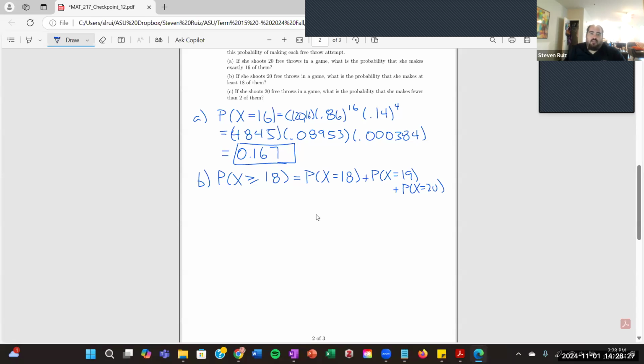So let's go ahead and do that. What's the probability that X is equal to 18? We can set it up the same way. That is the combination, 20 choose 18, times 0.86 to the power of 18 times 0.14 to the 2.